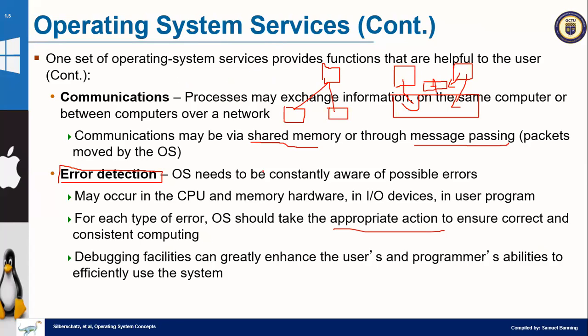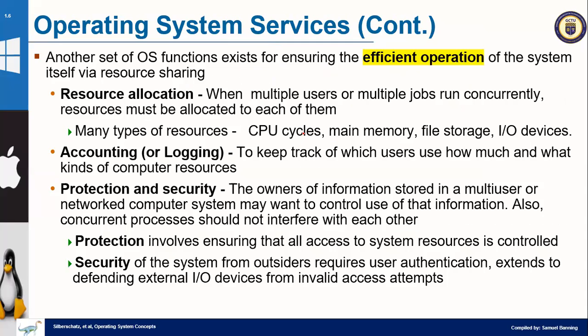That process of you correcting the error is what we call the debugging. It is the operating system that provides the facilities that allow us to debug. So those are the functions that the operating system performs in order to provide the user with that convenience.